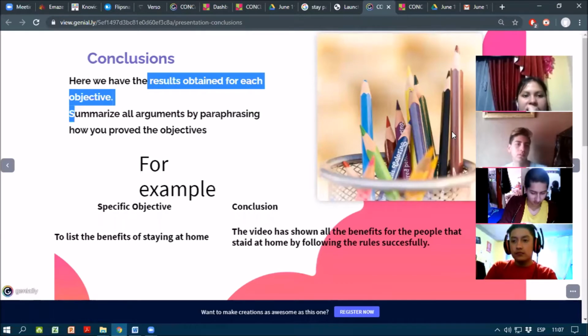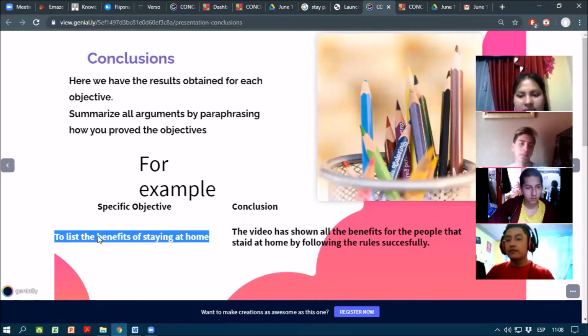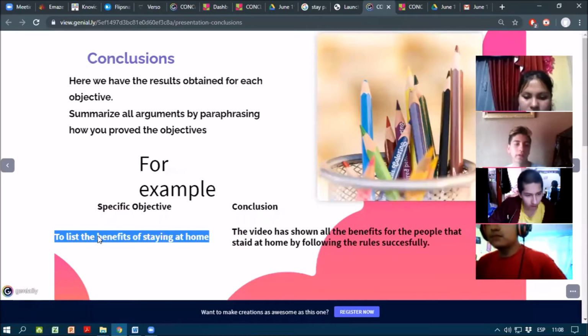You have three specific objectives. For that reason, you have three conclusions. So pay attention to this. Mr. Aus, read, please, this objective. To list the benefits of staying at home.